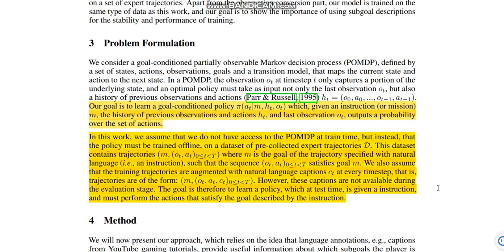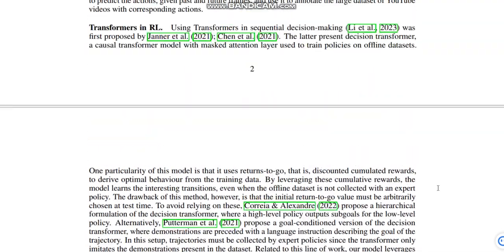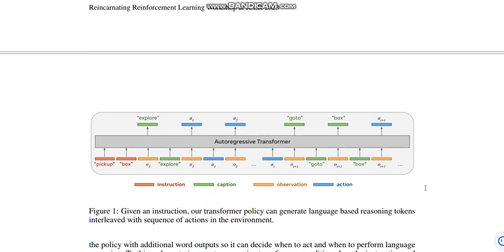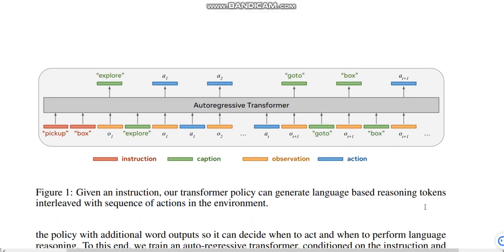Let me just go to a simpler form of the model. Basically, you have multiple tokens: instruction tokens, caption tokens, observation, and taking an action. First the instructions are given to the model.